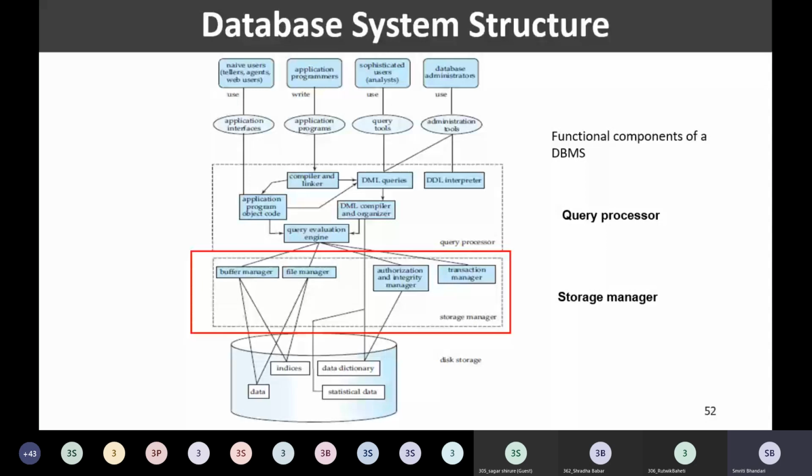If we consider our computer system, you might know that the main memory of the computer system is limited. The main memory, sometimes called random access memory, RAM, has limited capacity, whereas this huge amount of data related to a particular enterprise is stored in the disk.